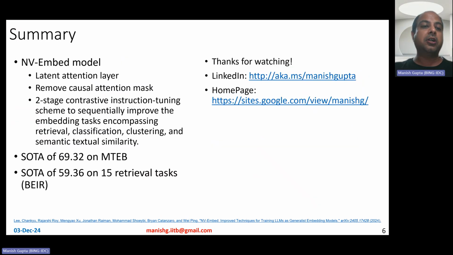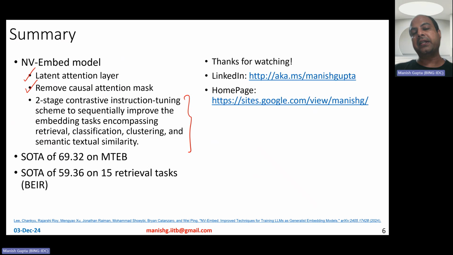So in summary, in this video, I talked about the NV-Embed model. From an architecture perspective, it follows the same 7 billion Mistral architecture. However, it has an extra latent attention layer at the end, and basically it removes the causal attention mask. The training comprises two different contrastive instruction tuning stages.